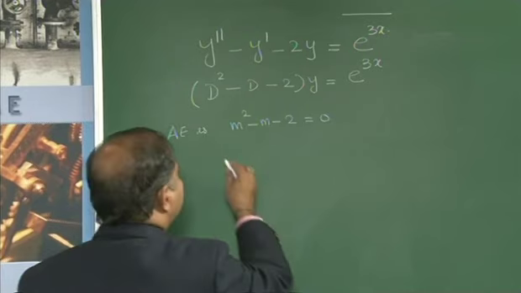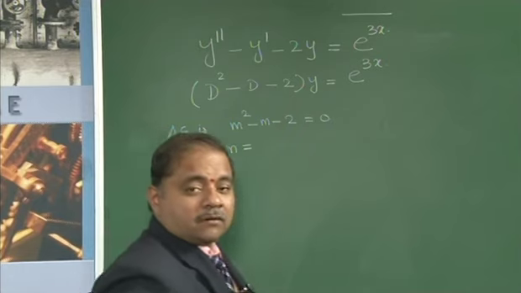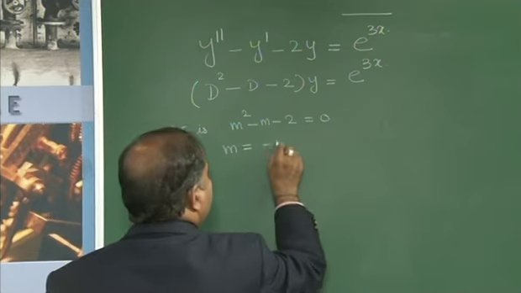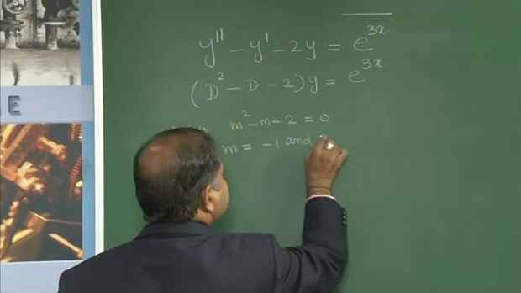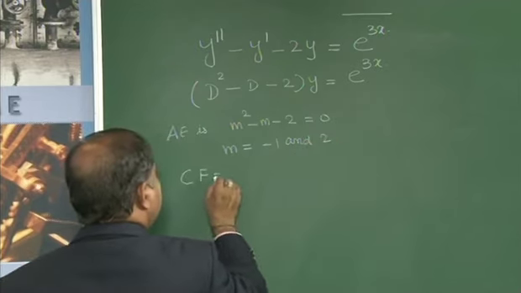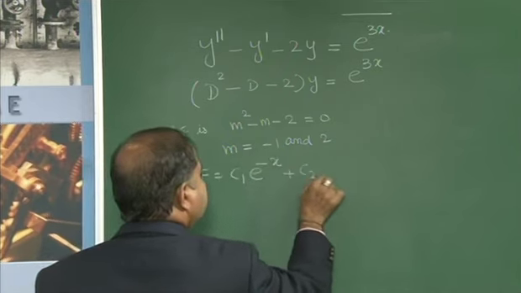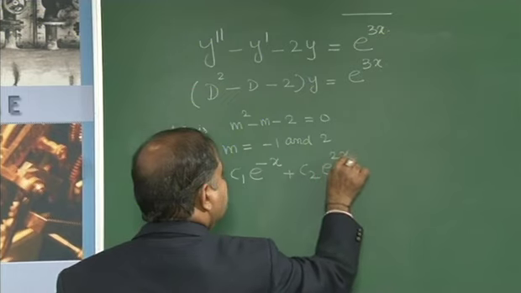Factorize it and you will get the roots, m = −1 and 2. These are different roots. So, what is your CF? C1 e^(−x) + C2 e^(2x).